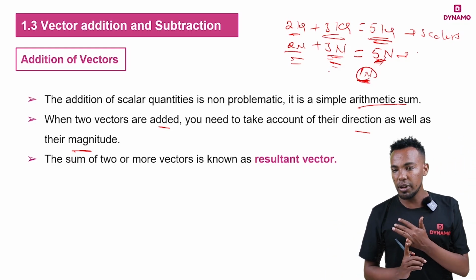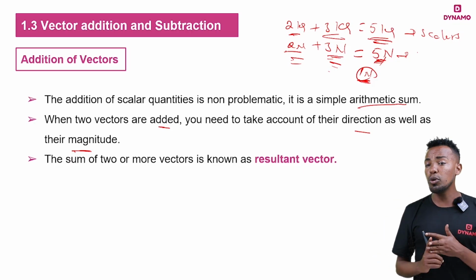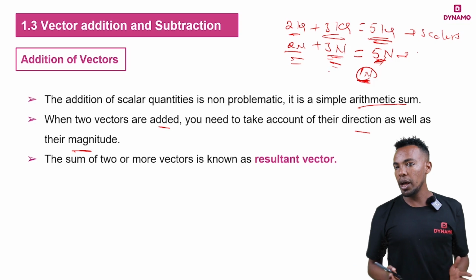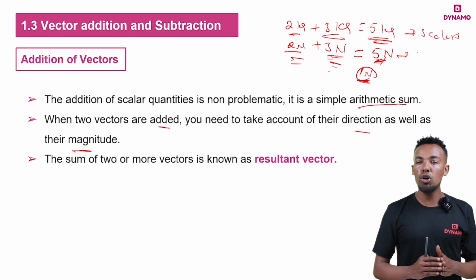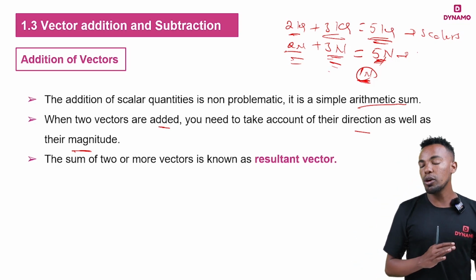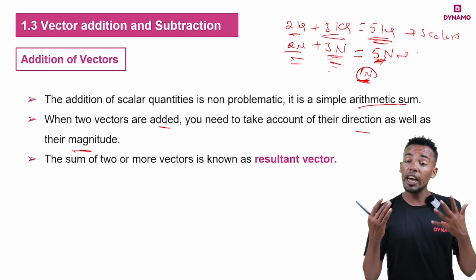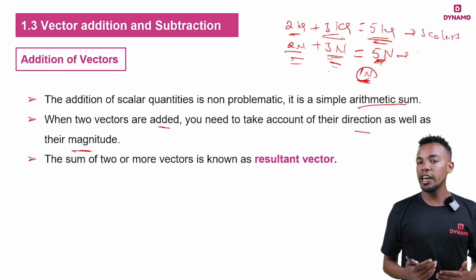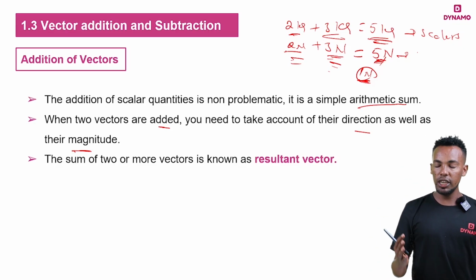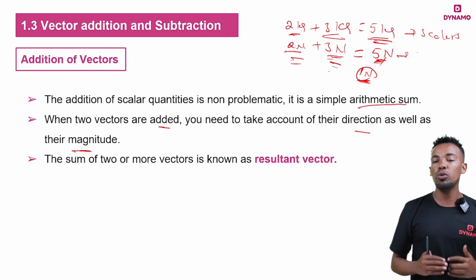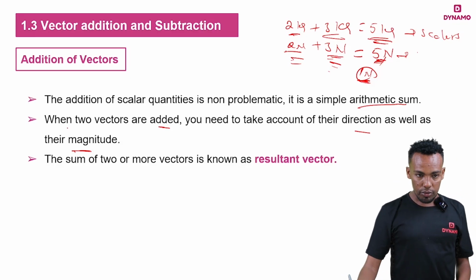If they are in the same direction, 5 Newton. If they are in opposite direction, 1 Newton. If they are perpendicular, by using the Pythagoras theorem, it is another value. If it is non-parallel and non-perpendicular, it may be done using the parallelogram method. So when adding or subtracting vectors, we must know the direction of the vectors well.